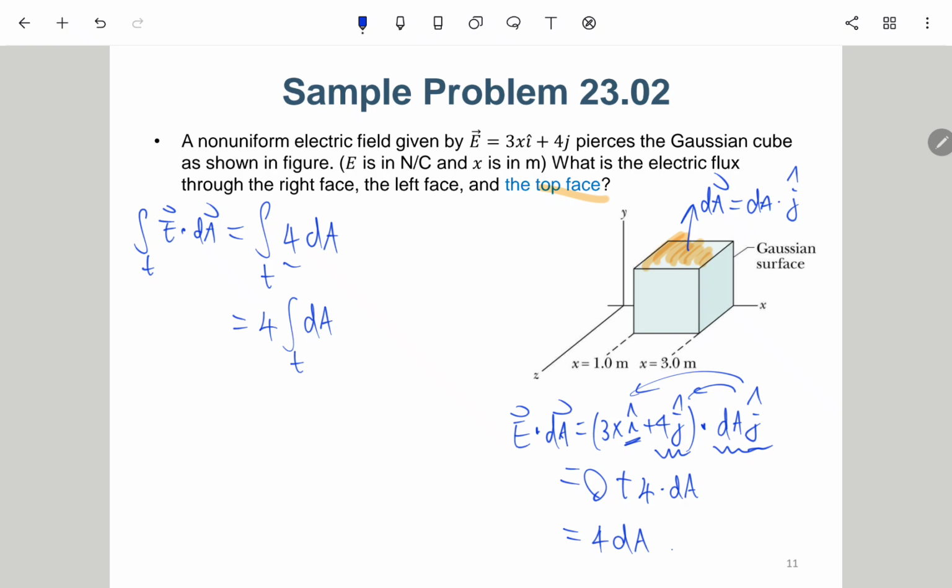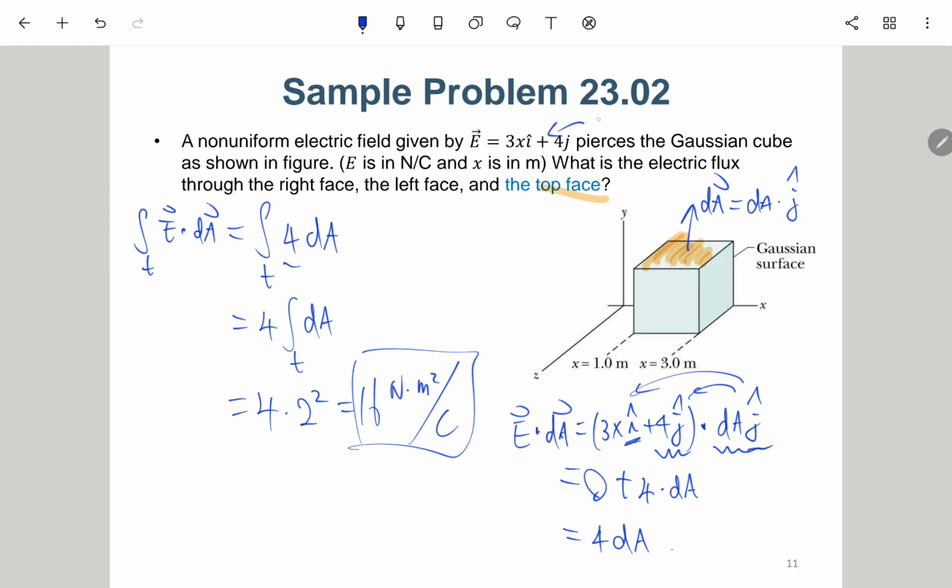Similarly, this is 2 squared, so 4 times 2 squared, which is 16 N·m² over C. So this is about how to calculate E dot dA for a non-uniform electric field, and also how to calculate the dot product with the unit vector notation.